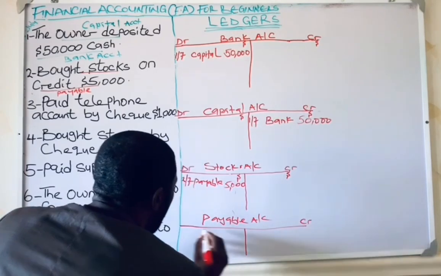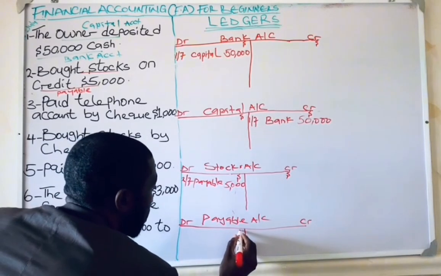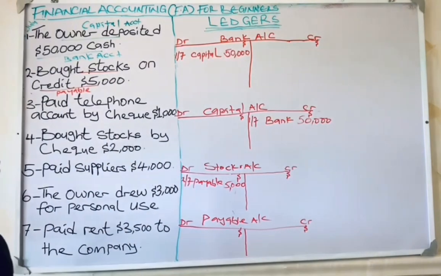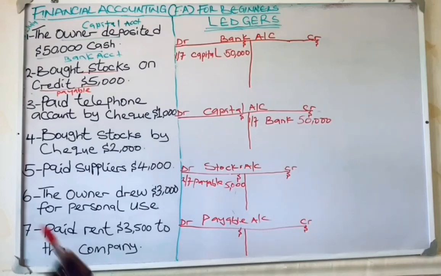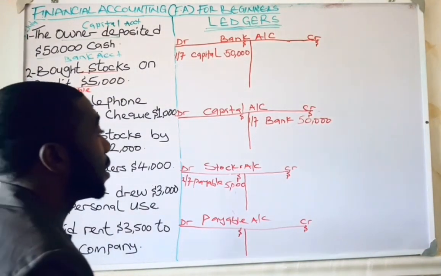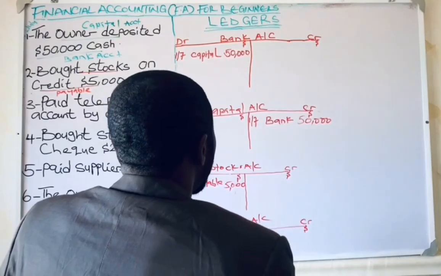Your credit, your debit side, your currency, dollar. So the payables account, we are to pay. Since we are to pay, we're going to credit it.